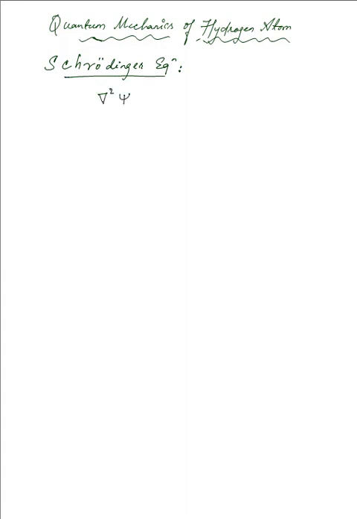So this is del squared psi, psi being the wave function which is used to describe the system, the wave function which describes the entire system or gives information about the system, because it is associated with the system.